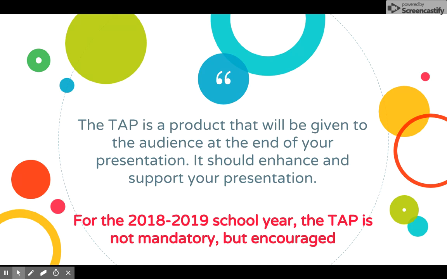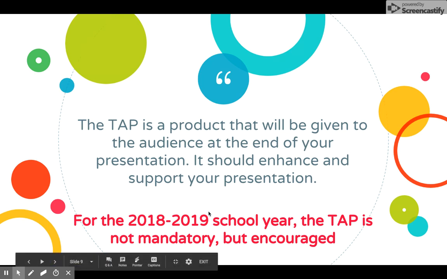So, for example, let's just say you decided that you wanted to record a song. And so you record that song and you make little MP3s and you put them on flash drives. And then if kids want to take the song with them, they can take the song with them, that sort of thing. It's a product to be given to the audience for the 2018 and 19 school year and presumably beyond.